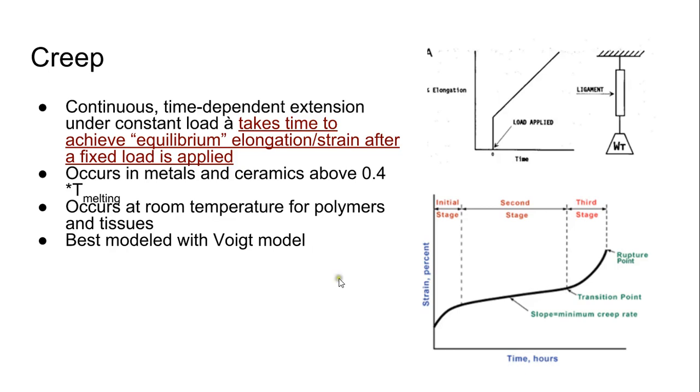You've applied your stress, and it will keep straining at different rates, and then this is the rupture point, and this is going to be the minimum creep. So you have these 3 stages at which your strain is occurring, meaning that you've put the load on and it keeps getting elongated. That's what creep refers to.